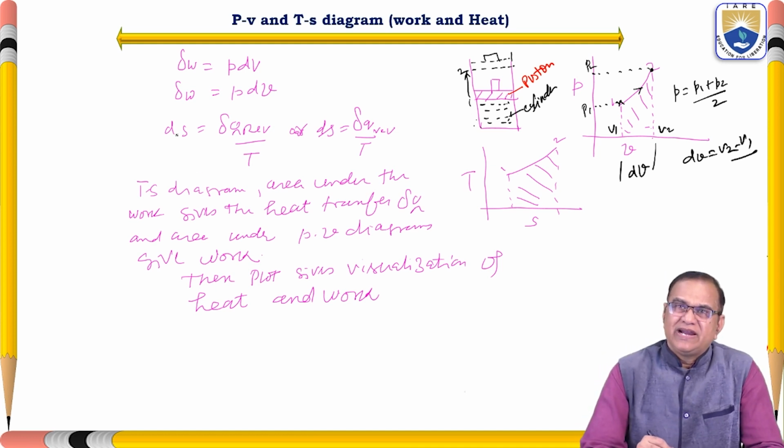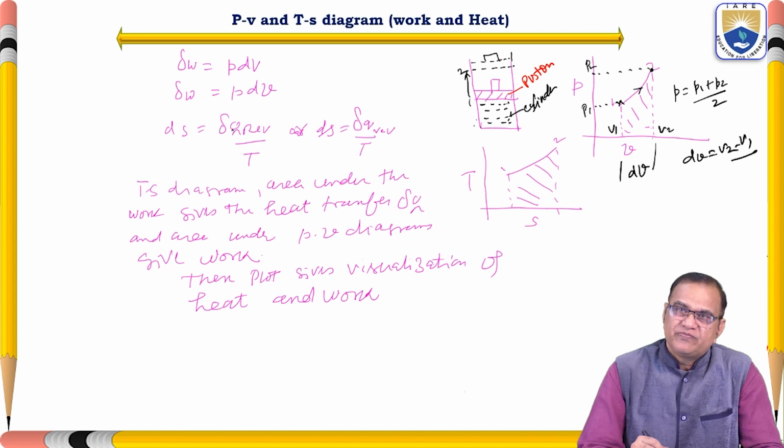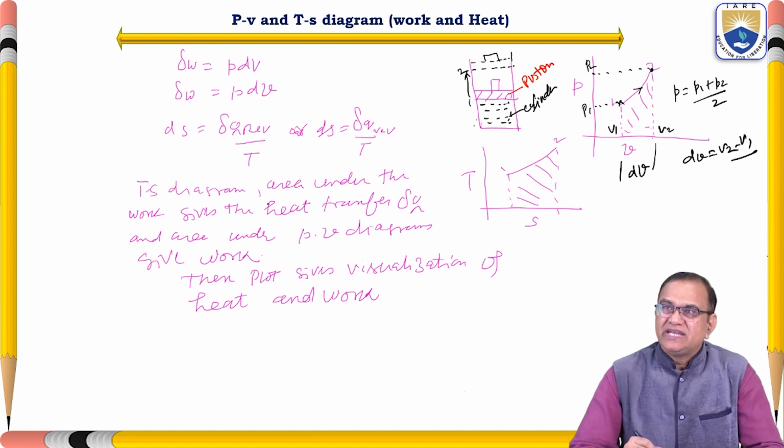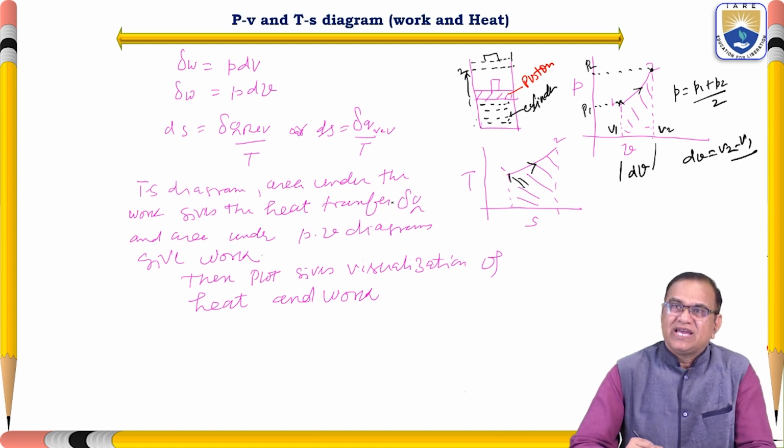Now this dS is equal to del Q reversible by T, or small s, that is specific entropy, is equal to del small q by T. So in this TS diagram, the area under this curve will give the heat transfer.